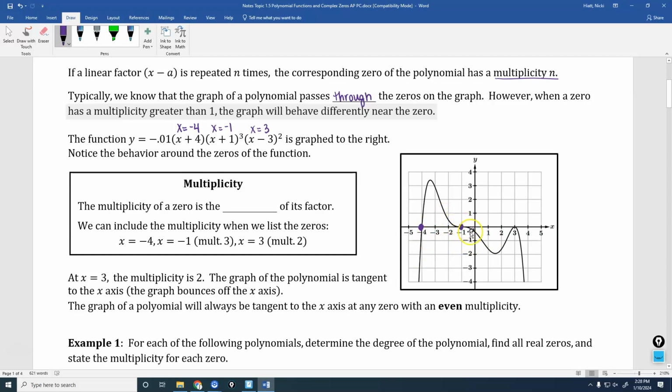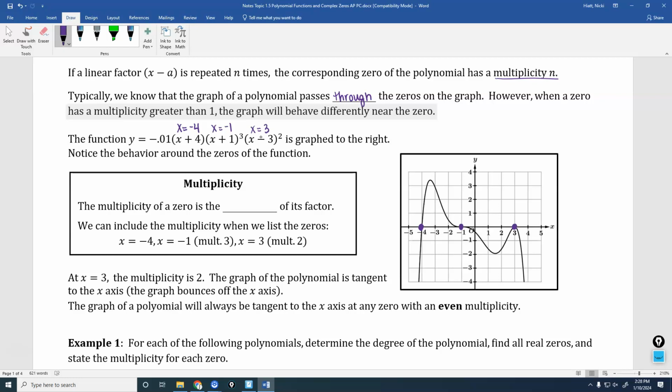But it does still cross. And then at x equals 3, we touch the x-axis, but it does not cross the x-axis. It just sort of bumps off of that x-axis. We could say that it is tangent to the x-axis. There, it touches just at one spot.